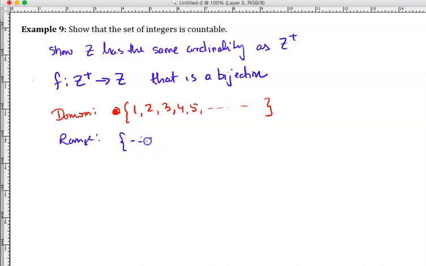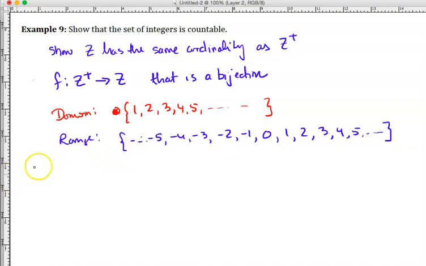So ... -5, -4, -3, -2, -1, 0, 1, 2, 3, 4, 5, and so on. So how can I go from the domain to the range in a one-to-one correspondence?